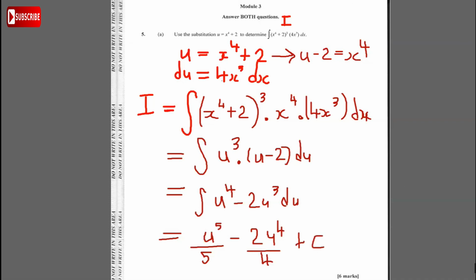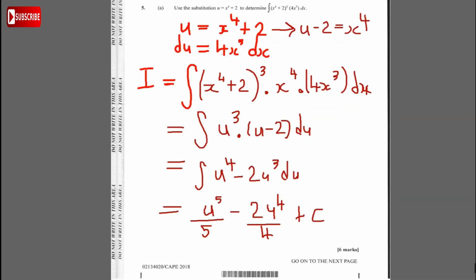Nice and easy. So now that we have that, we can resubstitute back for u. What was u? U is x to the 4 plus 2.